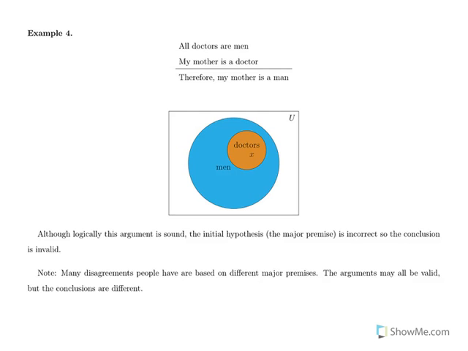So the next one, we have all doctors are men. That's our major premise. That's if doctor, then men. The minor premise is my mother is a doctor. Therefore, my mother must be a man. So the point of this example is that this argument is logically sound, right?